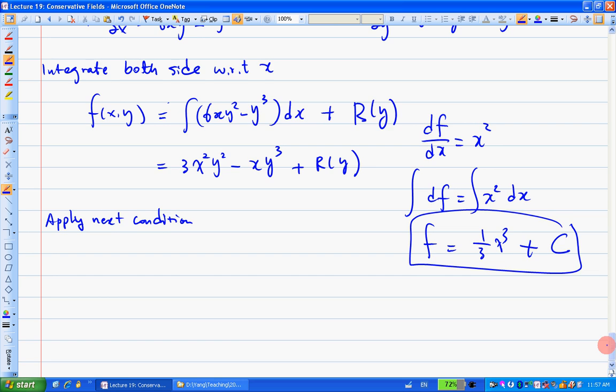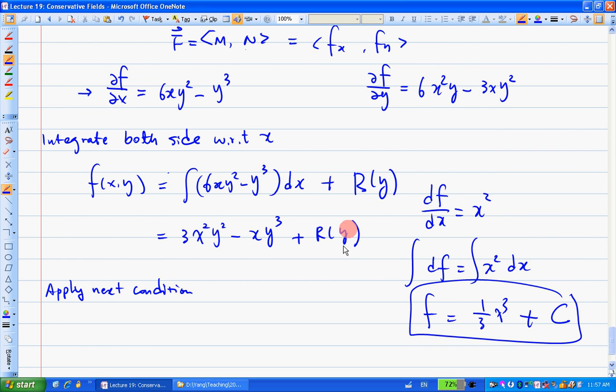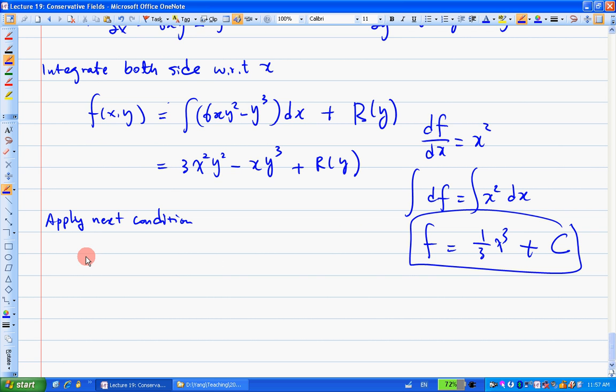The next condition says partial f over partial y equals this one, right? I haven't got exactly what f is, but I got this f, which is this one now. So what I'm going to do is take partial f over y, the partial of this function over variable y.